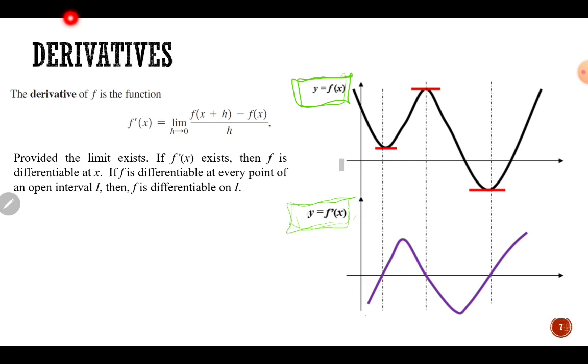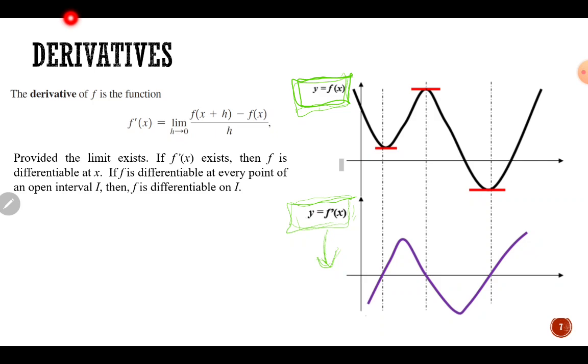Meaning to say this purple curve here is actually the derivative curve of the black curve y equals to f(x) ni. What I'm going to explain to you now is how actually we get the graph below here, maknanya the graph of f prime x ni.